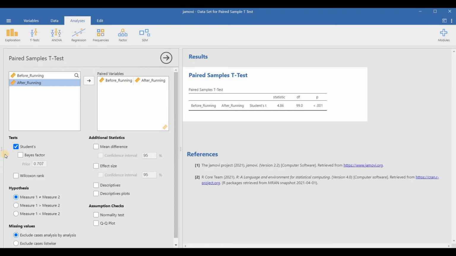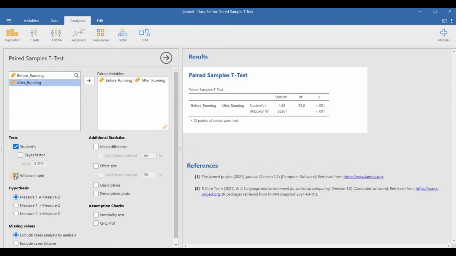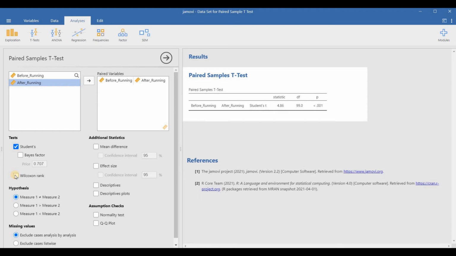Whatever test you require, we are interested in applying the t-test here. And then this is the Wilcoxon signed rank test. You can apply this test when your data is non-normal or when your data is not following parametric assumptions. We are not interested in this one right now.